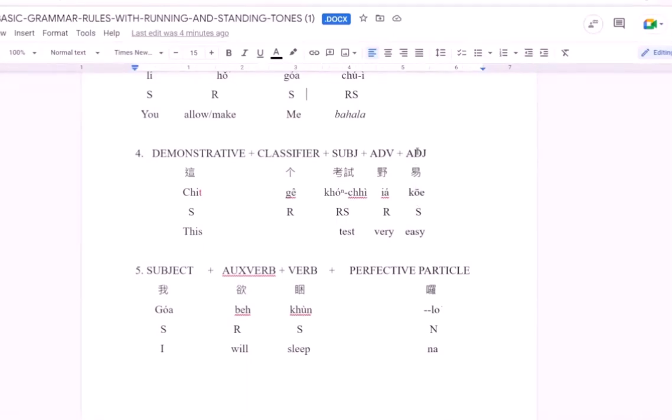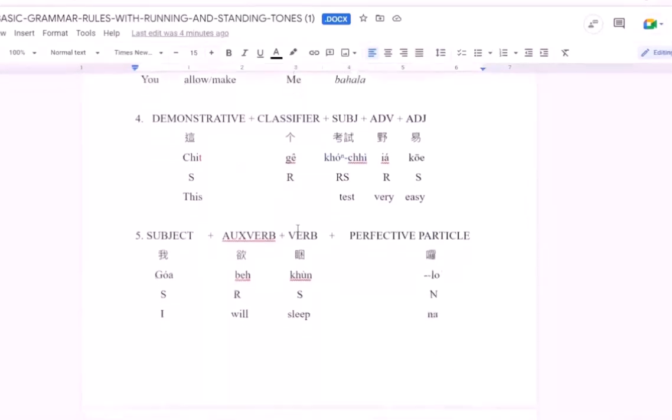And then koi is adjective, but since it's at the end of the sentence, it will be a standing tone. What else? Yes, so this one, tige, if this is by itself, this demonstrative with a classifier, then it will sound like tige. But since it's describing what comes after with this noun, which is a test, it becomes tige kochi. So that's how it works.